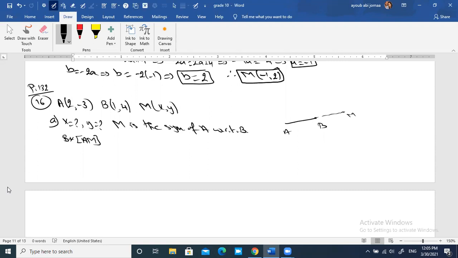Okay. What is the rule in case you have a midpoint, what you studied in grade 8, 9, and in grade 10?